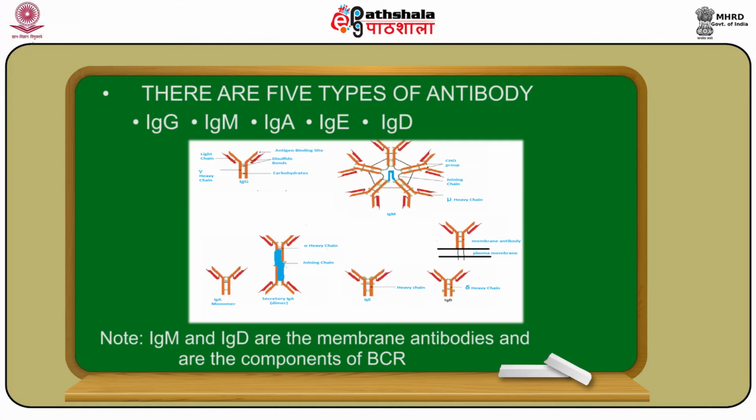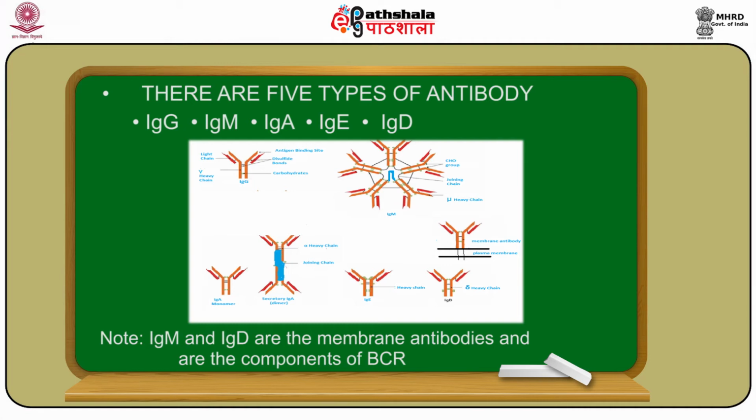What are the different types of antibodies? There are 5 types of antibodies, that is IgG, M, A, E and IgD. IgM and IgD are the membrane antibodies and are the important component of recognition unit or BCR.